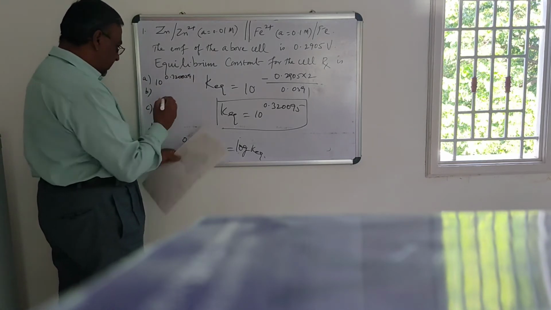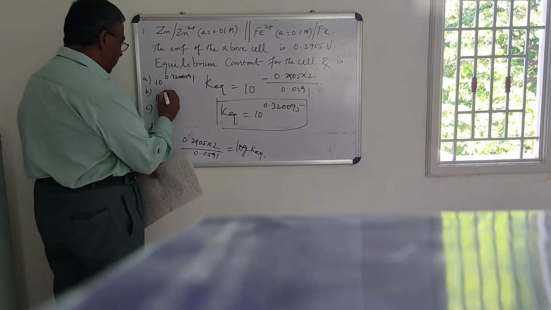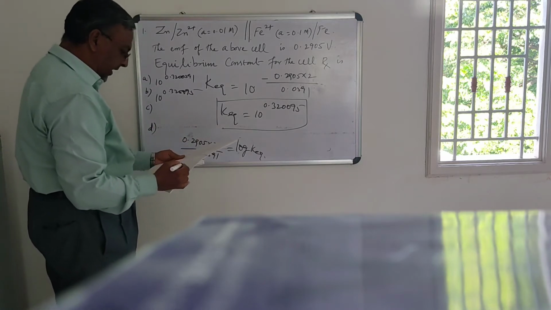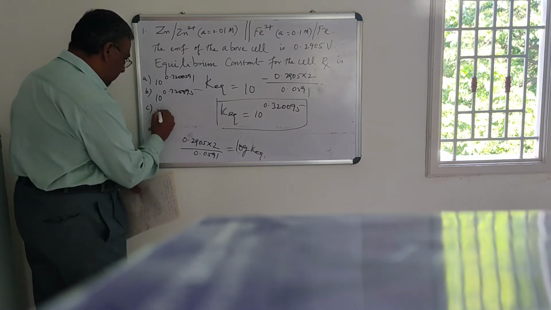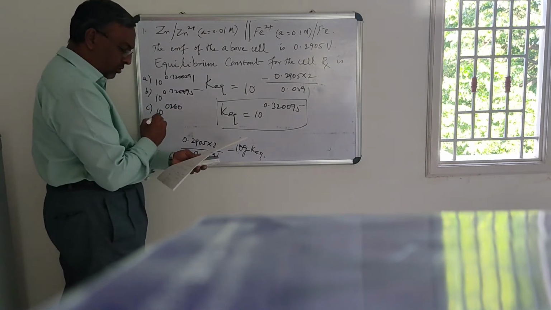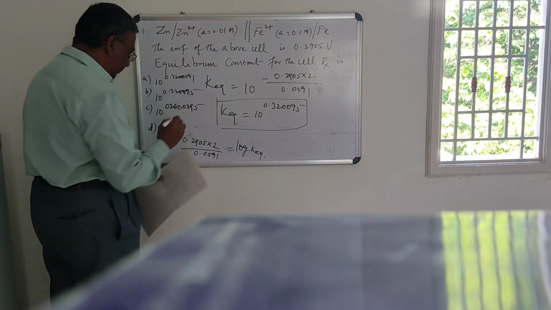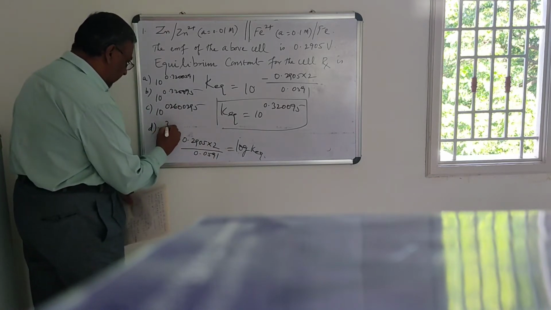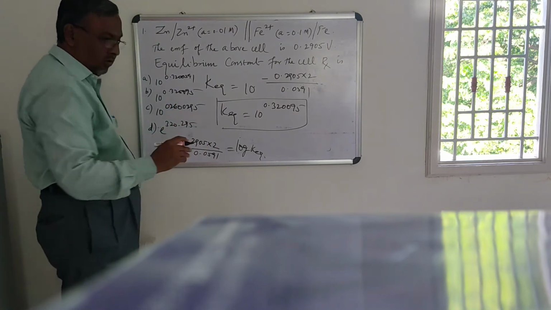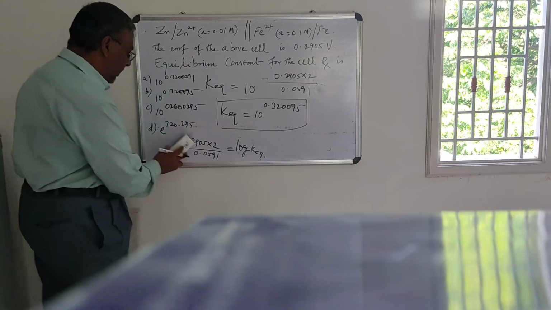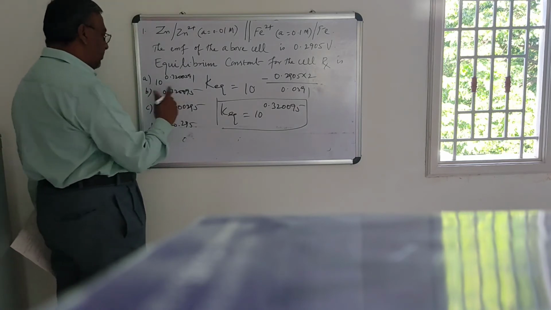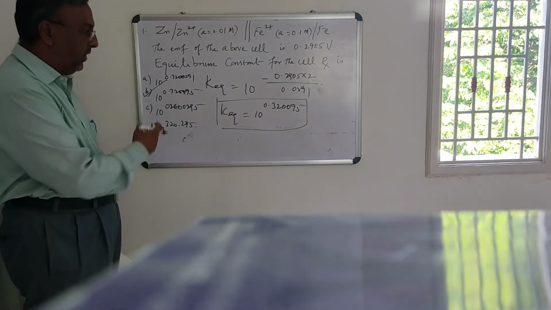B value is 10 power 0.320095 and C is 10 power 0.260 and D is E320.295. So therefore, what we have found out, the value of equilibrium constant is found to be 10 power 0.320095. Therefore, B is the answer.